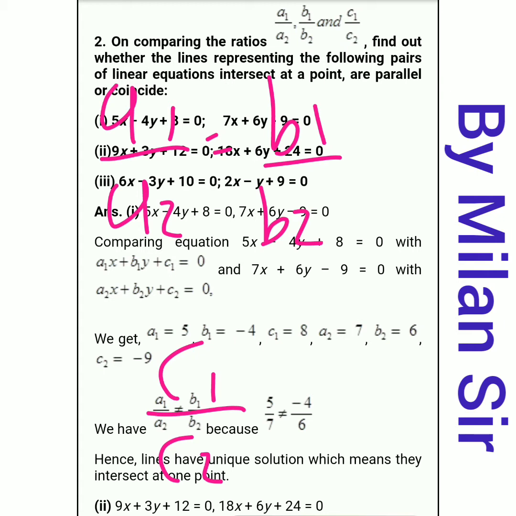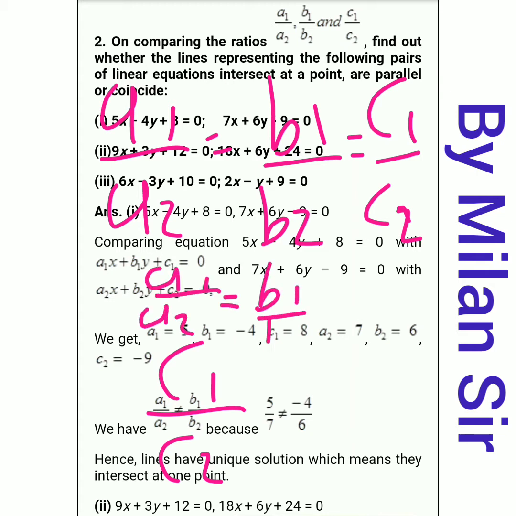If A1 upon A2 is equal to B1 upon B2 is equal to C1 upon C2, then we can say that our two lines are coincident lines. And second, if we get A1 upon A2 equals B1 upon B2 is not equal to C1 upon C2, then we can say that the two lines are parallel lines.